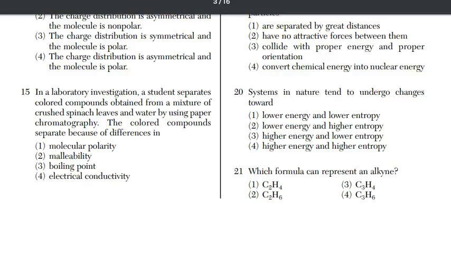Exothermic or endothermic reactions have to do with what's known as enthalpy, or delta H. So lower energy, so cross out choices 3 and 4, and then higher entropy, choice 2. It is a fact. You need to know it. If you don't know it, write it down and memorize it.